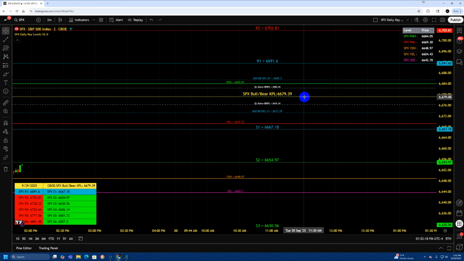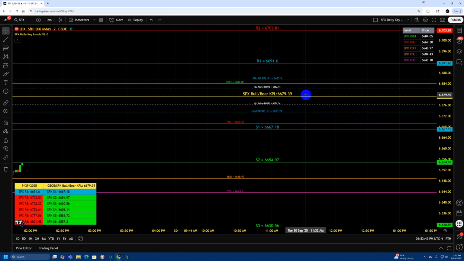Conversely, on a bearish trade taken from the BBKPL level, your tight stop loss is the QL above the BBKPL, and your standard stop loss for a bearish trade taken off of this BBKPL level is the first midpoint above the BBKPL, which is mid BBKPL R1.